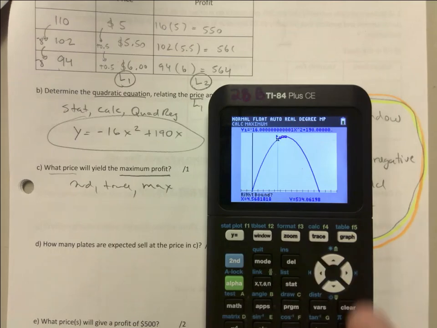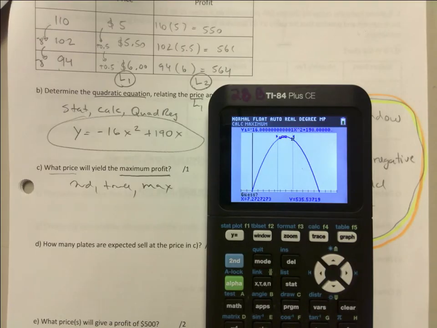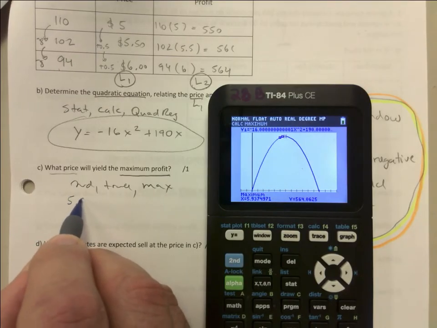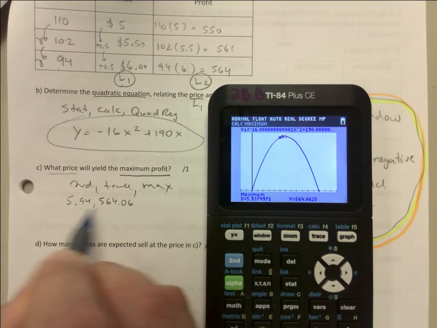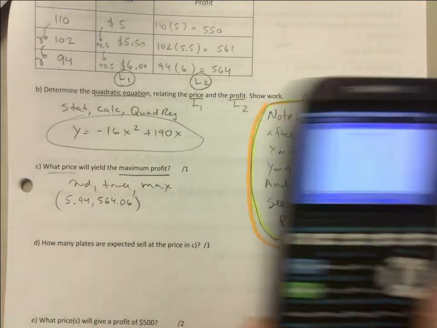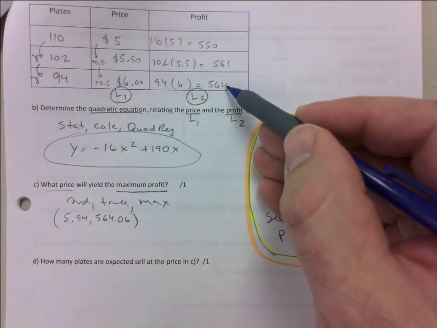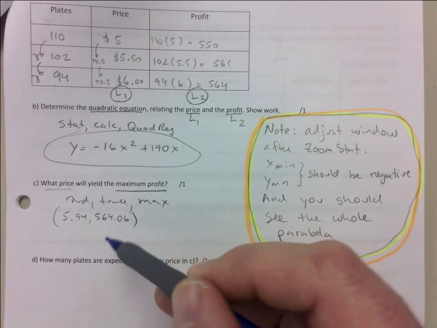And there's a lot of stuff going on up there. Don't worry about it. We're going to find out exactly what that max is. So 5.94, 564.06. I'm not too happy with this because it's so close to a point that you already have. But we can be very exact, so we're going to go with this.